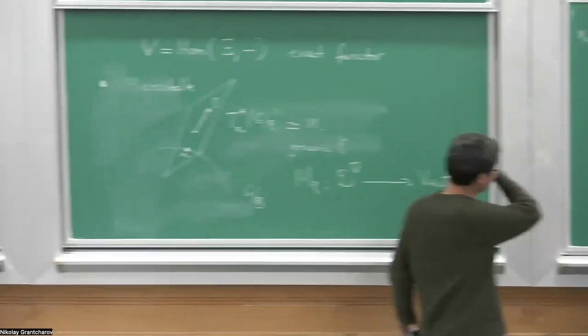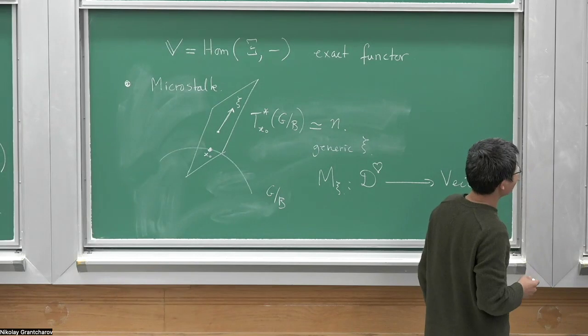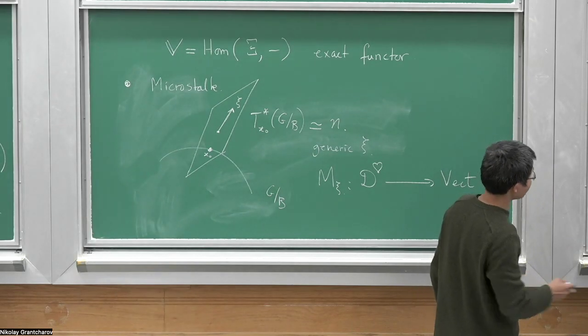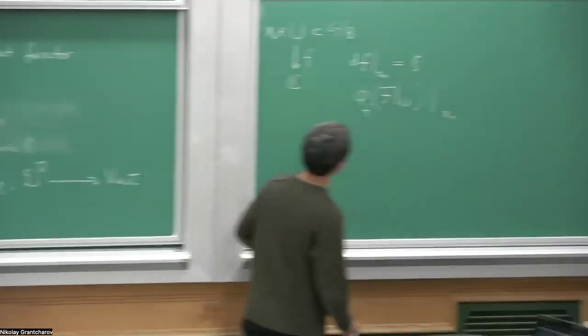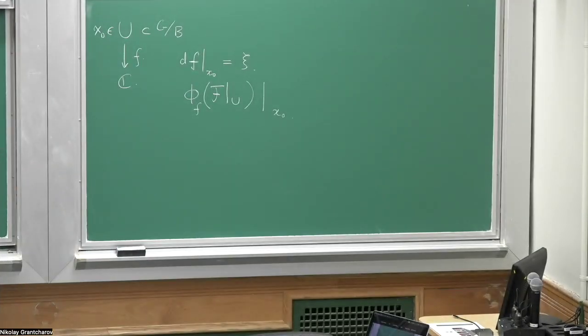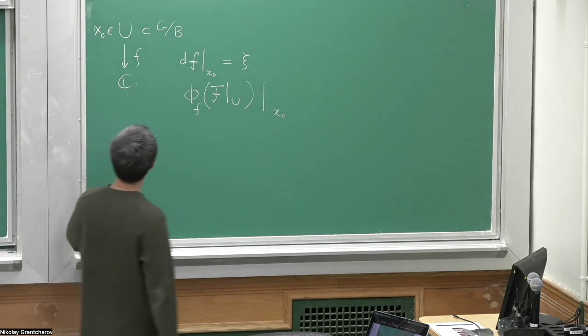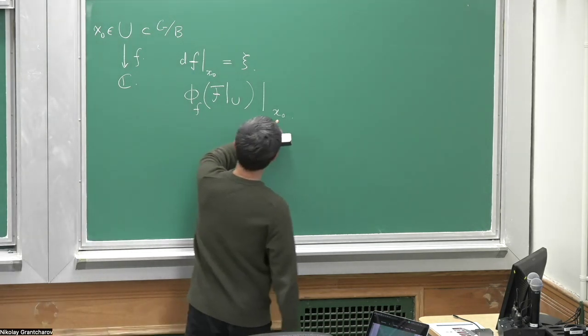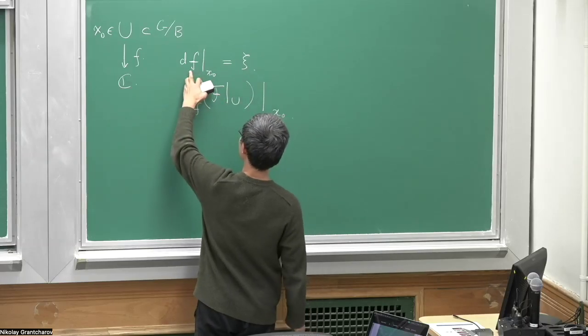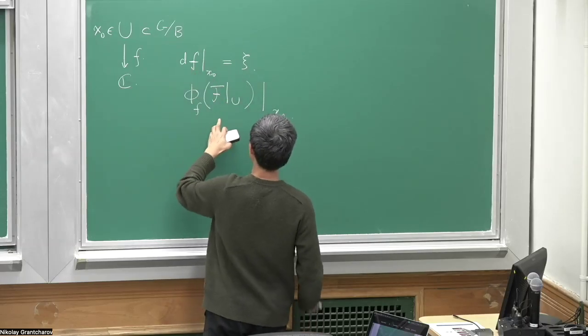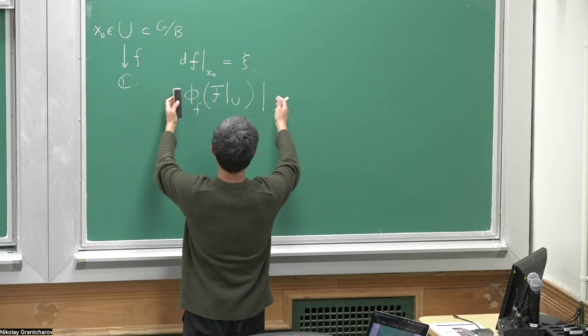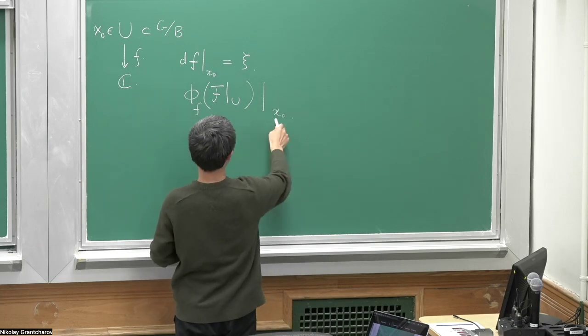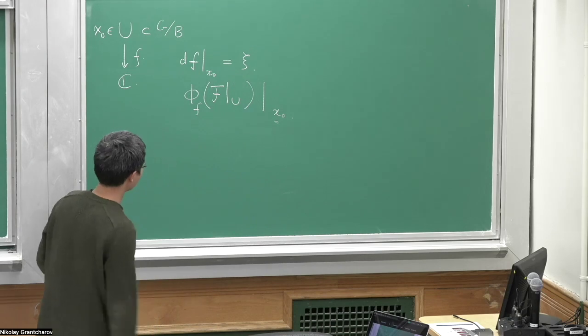In fact, by choosing this function properly, you can guarantee that this vanishing cycle is already concentrated there.